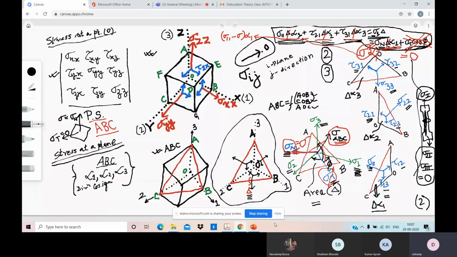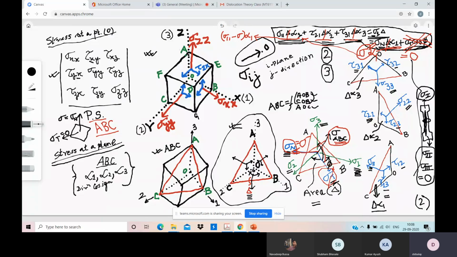We considered the plane ABC, and we have showed that the resultant stress that will be acting on the ABC plane will basically depend on the stresses acting on the 3 faces of the body, because primarily the net stress is acting at the point O. So here we are showing the stresses acting on different faces and how to express the net stress on the ABC inclined plane, and net stress sigma can be divided into either sigma n and sigma t components on the ABC plane, normal and shear component.